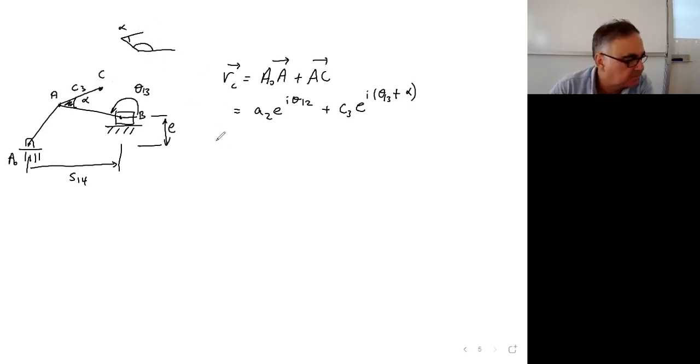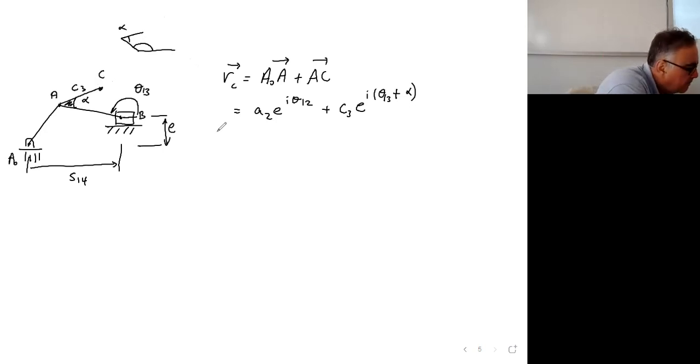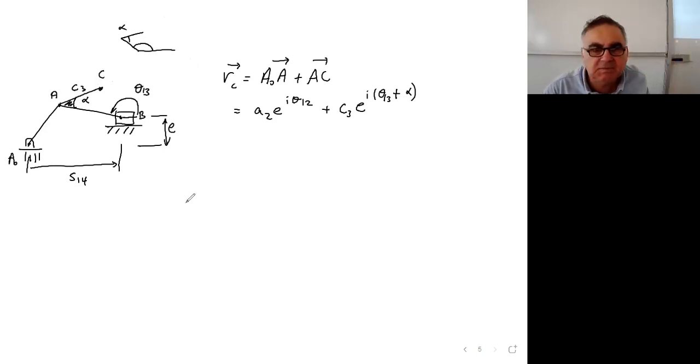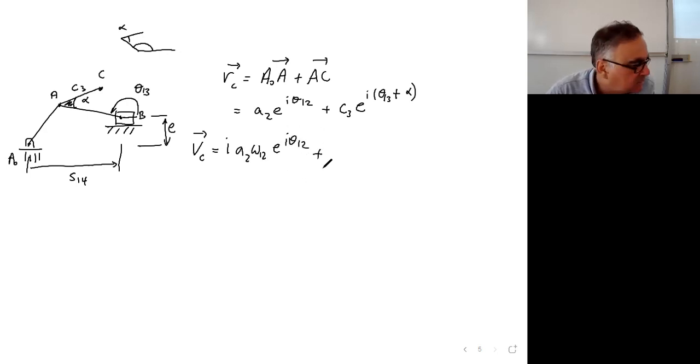So we can say, for example, if this is RC, VC is the derivative of this, which will be i A2 omega 1 2 e to the i theta 1 2 plus i C3 omega 1 3 e to the i (theta 1 3 plus alpha).